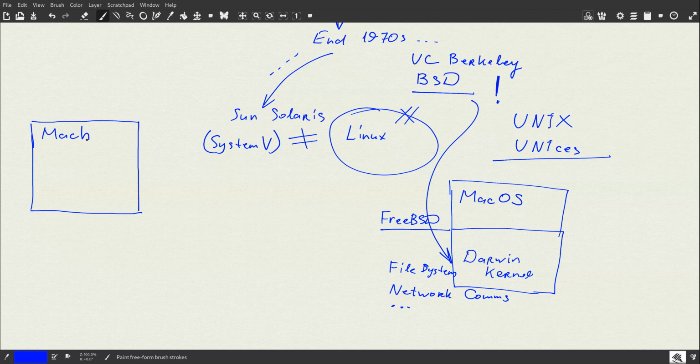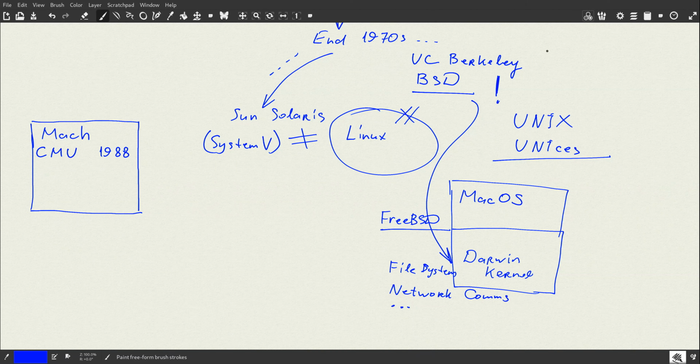Have you heard about Mach? Mach is an operating system from Carnegie Mellon University, which appeared around 1988. So what is so important about Mach?